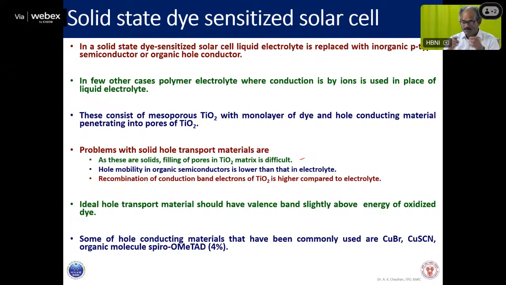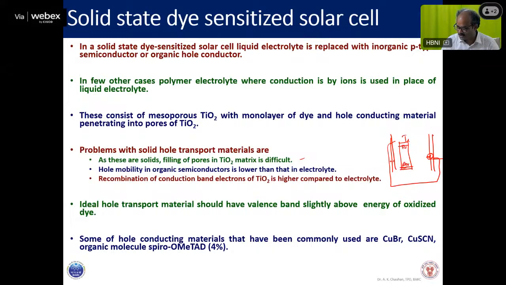Now what will happen to the electron? See, this is the structure. The electron has already gone from this TiO2 to FTO, and from FTO it has come through the circuit. Let us imagine it has reached and is waiting here. Now, if you have an energy level of the dye, this was the ground level, this was the excited level.